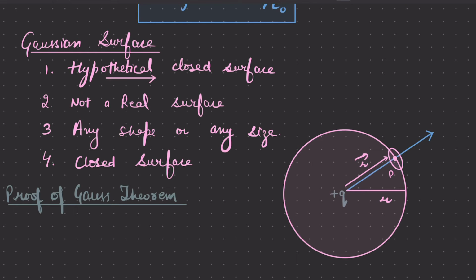Now the electric field is acting in the outward direction, so I will mark it as E vector, and the electric field is acting along the radius. So it is acting in the outward direction but along the length of the radius. So r cap can indicate the direction of electric field intensity.